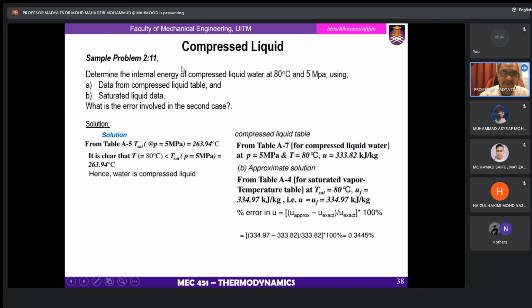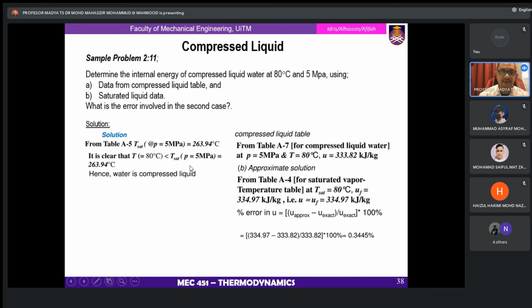Before this we don't know whether the fluid is compressed liquid or in the mixture region. So you have to find firstly whether the fluid is in the condition of mixture or compressed liquid.